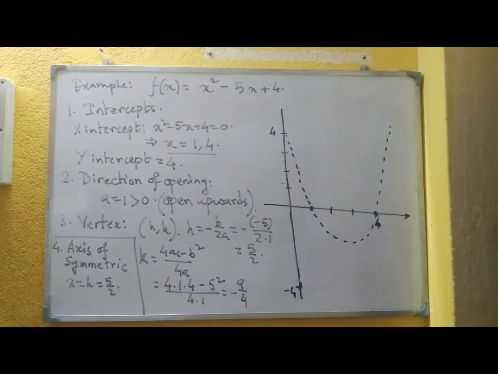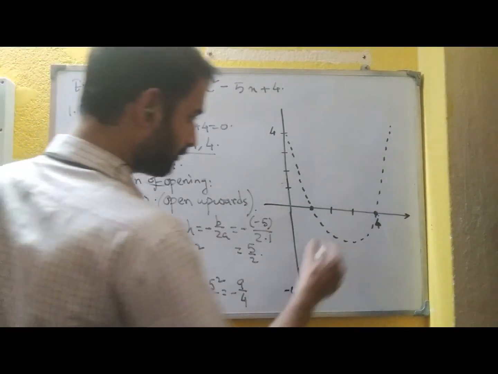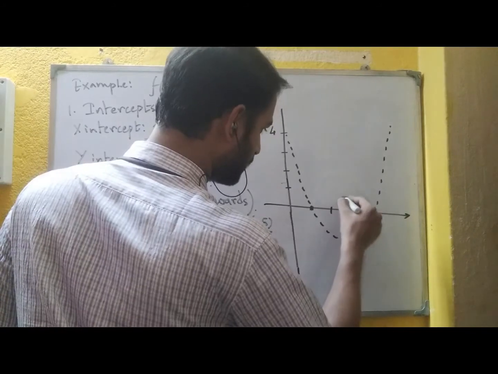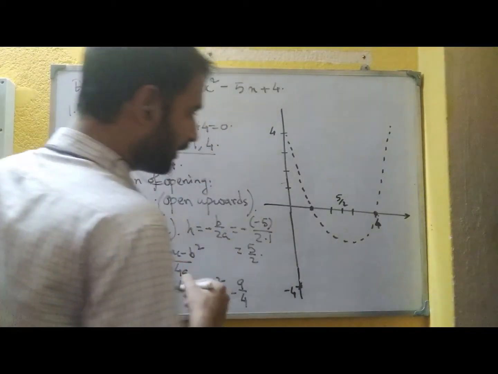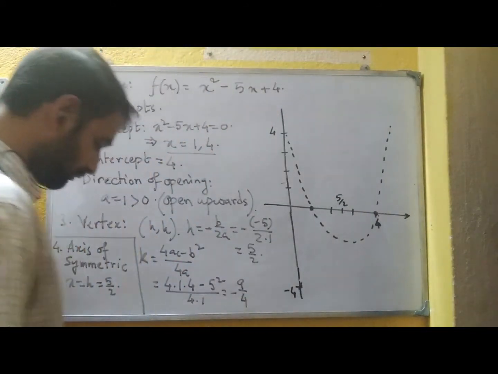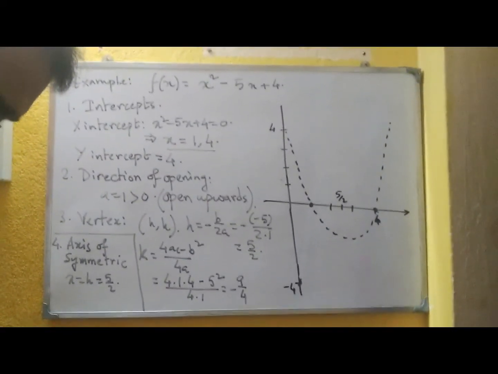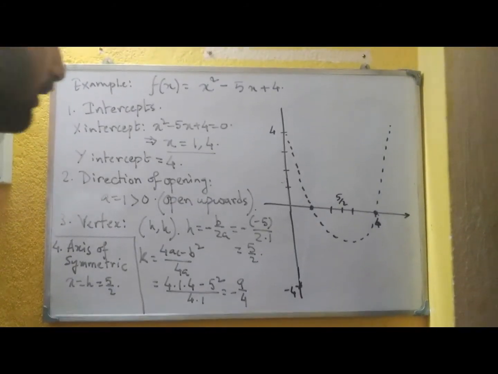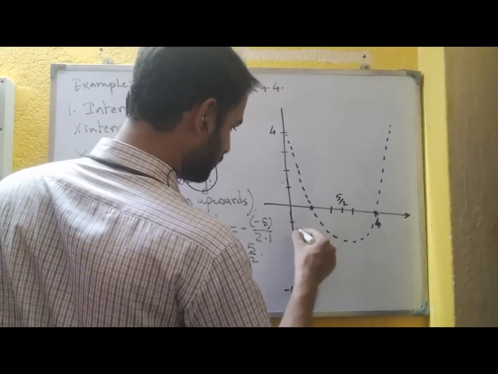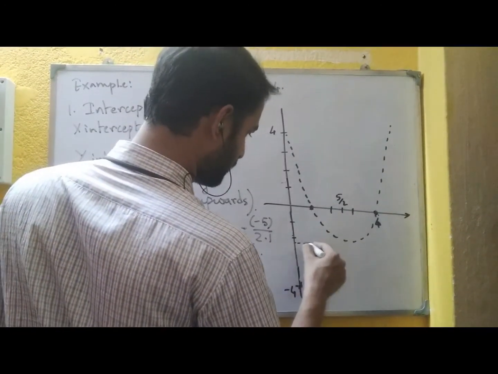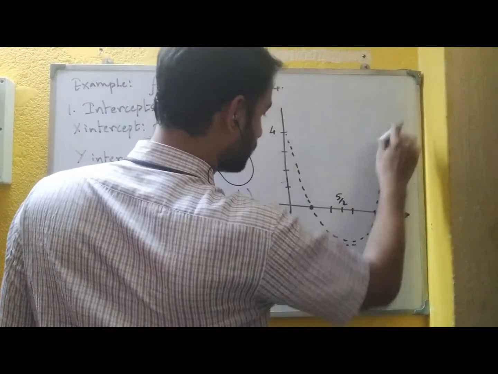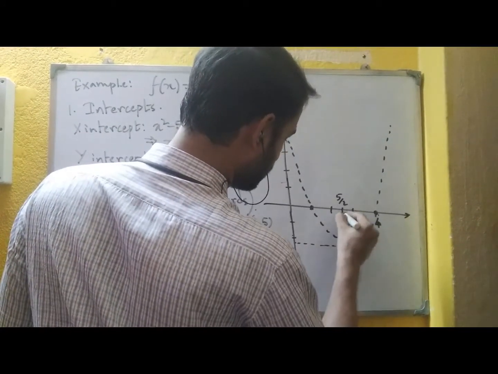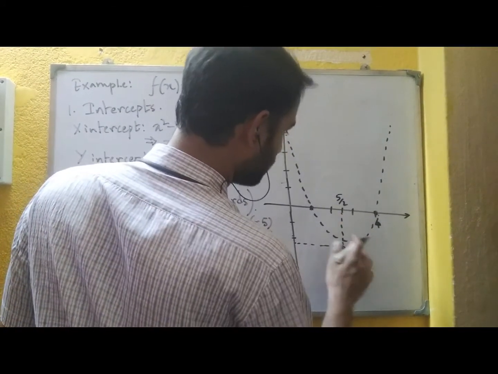So the next thing is to put the vertex. See, it is 5/2 comma minus 9/4. So clearly 5/2 will be here and minus 9/4. Minus 9/4 means it is around minus 2 point something. It's minus 2.25. So if this one is 1, this one is 2, then it will be somewhere here. Say we are taking the point here.